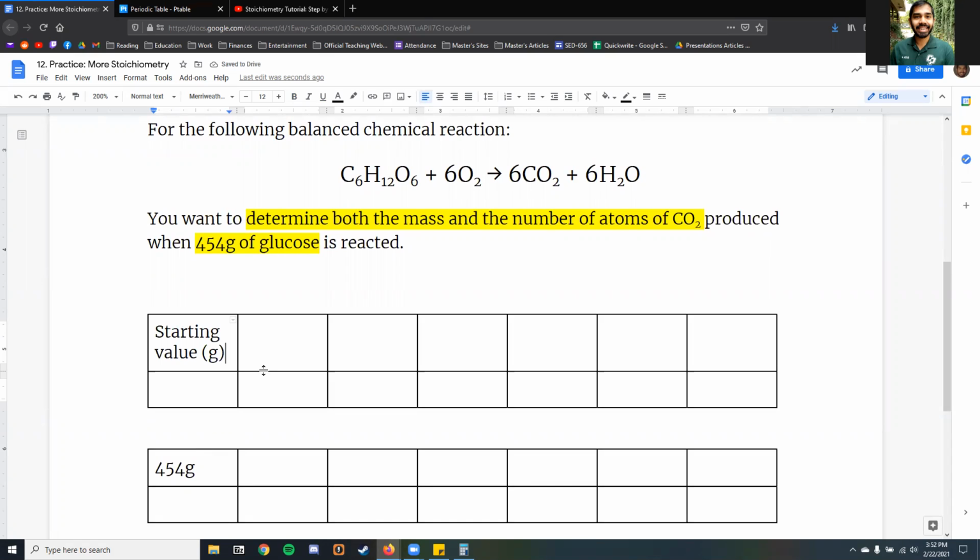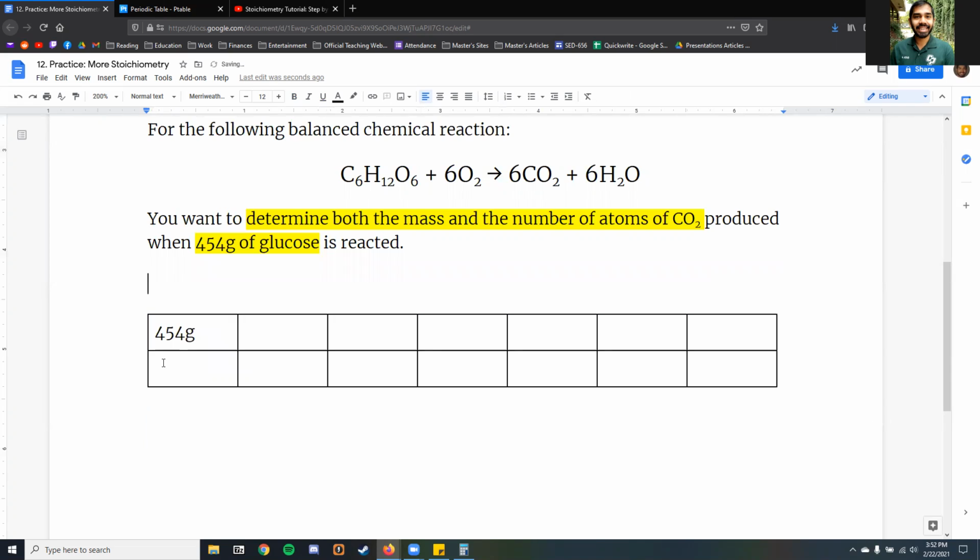We want to be able to turn this into the mass of CO2, so grams of CO2, and we also want the atoms of CO2. Eventually, we're going to have to switch from grams of whatever we're starting with, glucose, to moles of glucose. Let me see. Let's not do a table. Let's do this. We have our starting value in grams.